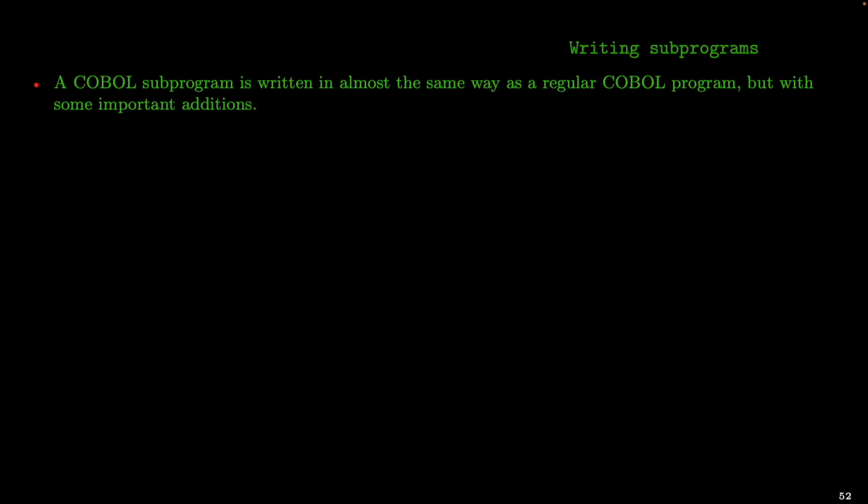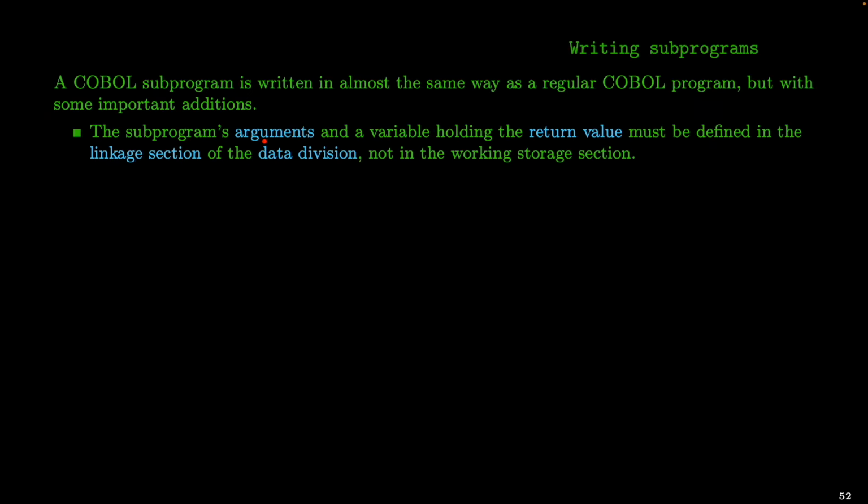And a COBOL subprogram is written in almost the same way as a regular COBOL program is, but with some important changes or additions. First of all, the arguments for the subprogram and the variable holding the return value must be defined in the linkage section of the data division and not in the working storage section. So that is what linkage means. This is the part where the linking of the two programs takes place.